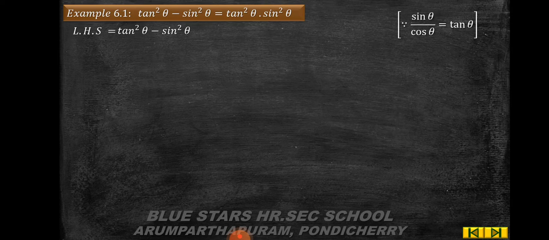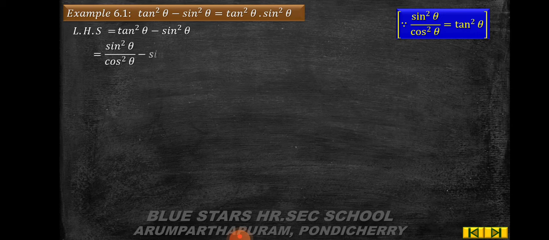You know tan theta is nothing but sin theta by cos theta. So by using this, tan square theta is sin square theta by cos square theta. So you just substitute the values. We get sin square theta divided by cos square theta minus sin square theta.